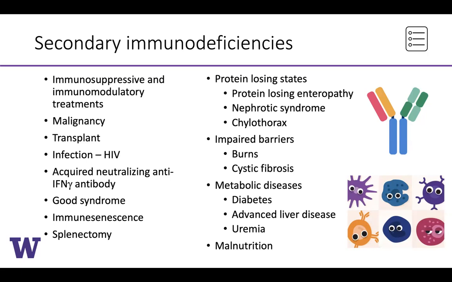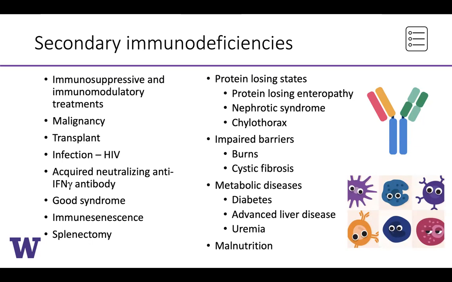So broad categories of this are immunosuppressive and immunomodulatory treatments, various types of malignancies, transplant and associated treatments, infections such as HIV. There are acquired neutralizing anti-interferon gamma antibodies, Good syndrome, immune senescence.